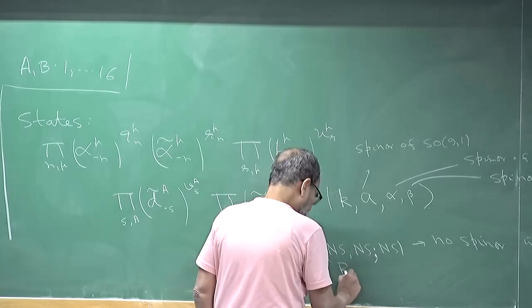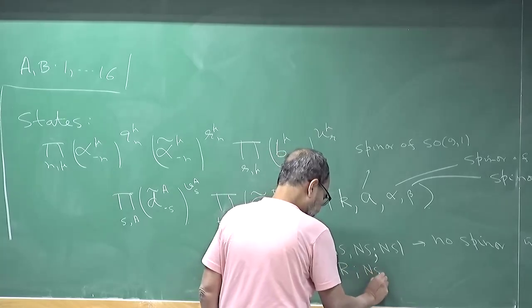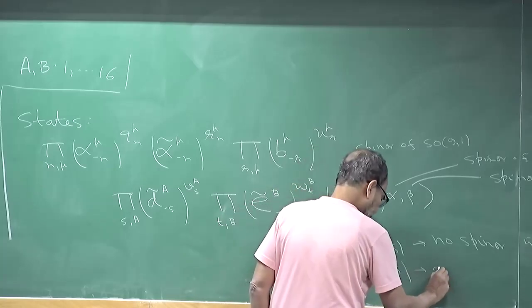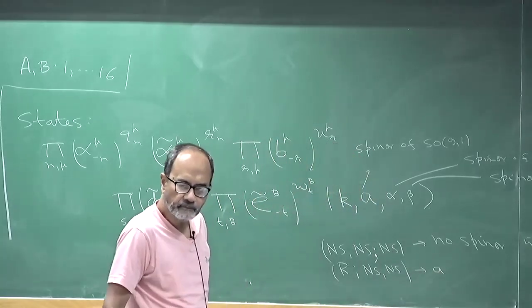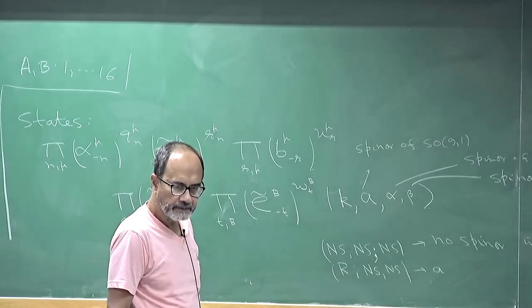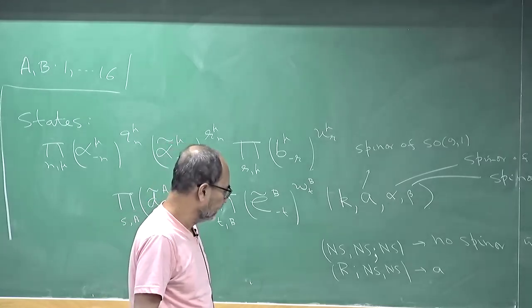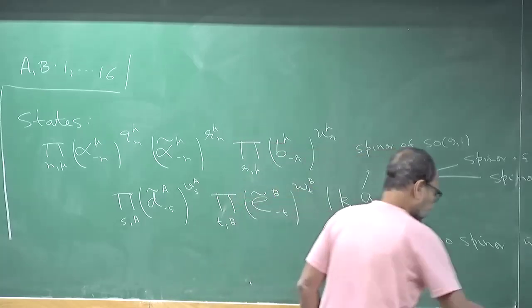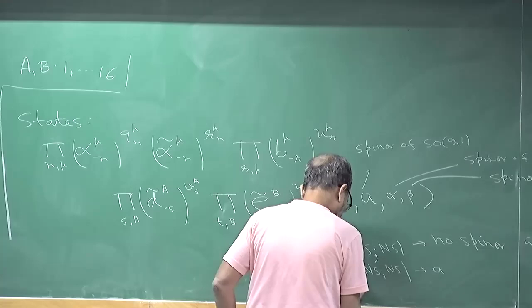If it's R, NS, NS, then it has only A. Sorry, I should have written it the other way.